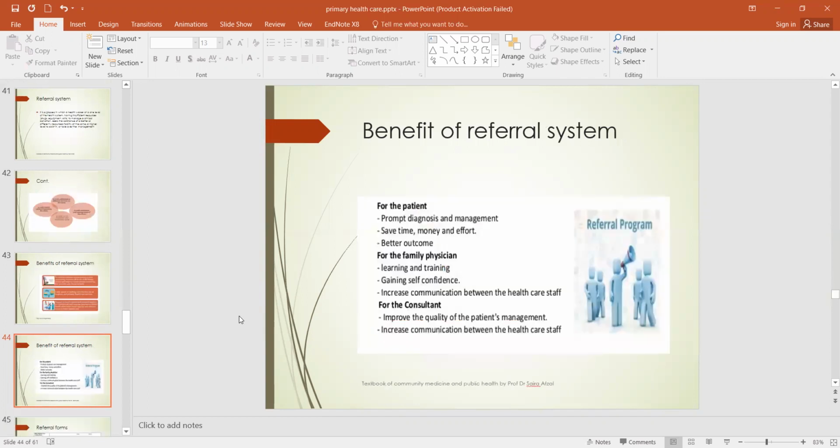For the patient, they promote diagnosis and management, save time, money, and effort, and give better outcomes. For the family physician, there are learning and training purposes, gaining self-confidence, and increased communication between the healthcare staff. For the consultant, it improves the quality of patient management and increases communication between the healthcare staff.